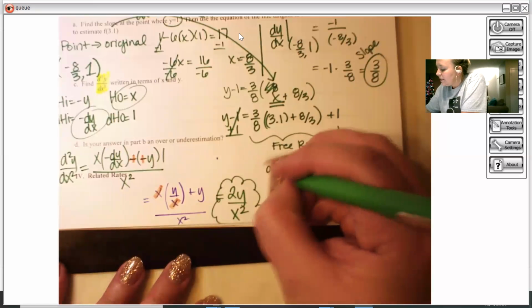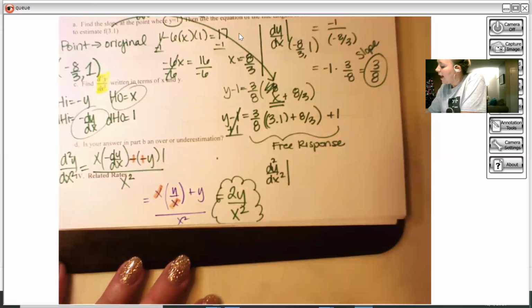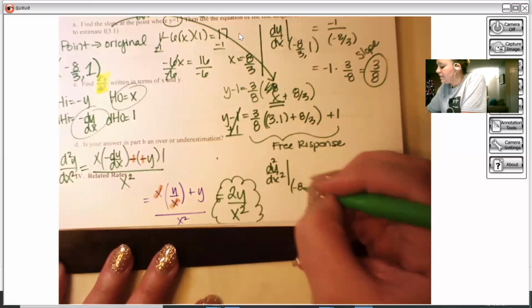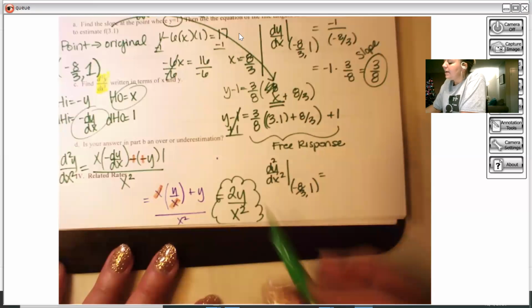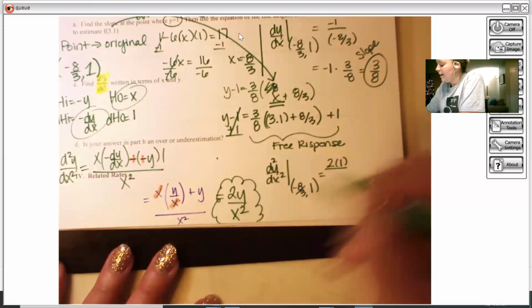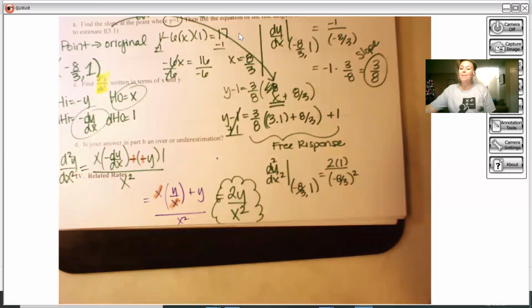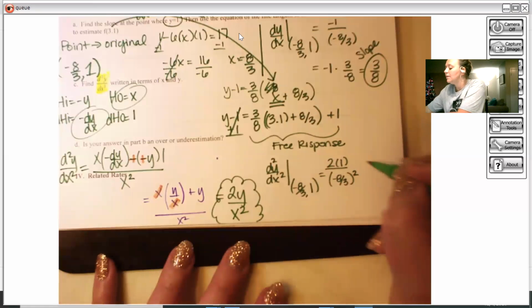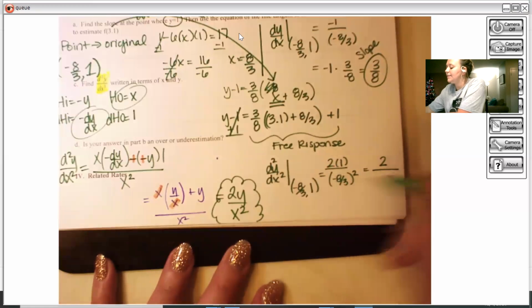So if I want d squared y dx squared at negative 8/3, 1, then that's going to mean I'm going to have 2 times y, which is 1, divided by x squared, which is negative 8/3 squared, which means on top I'm just going to have a 2, and then negative 8/3 when I square it is going to be 64 over 9.